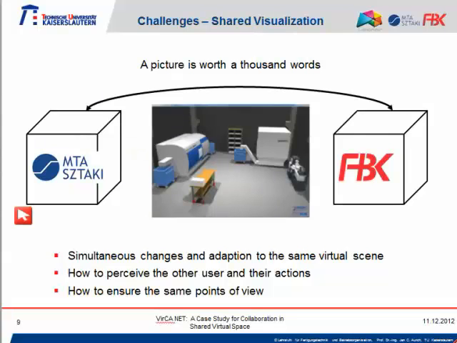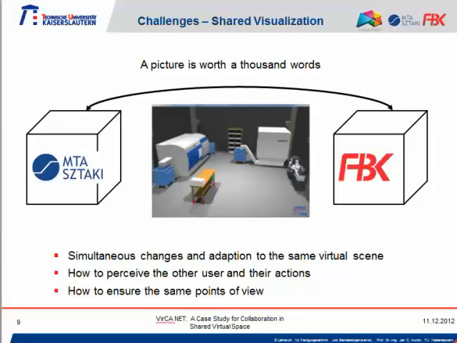The first challenge is the shared visualization. As I already said at the beginning of the presentation, visualization of problems is a very easy way to communicate single challenges which are occurring due to the factory planning.